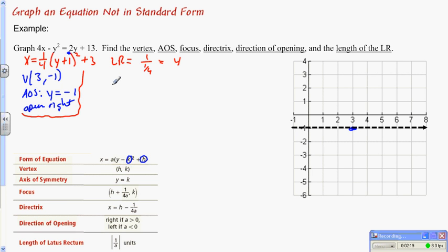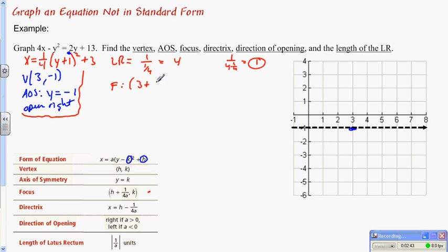Okay, let's find the focus. Focus is H plus, okay, well, H is the 3, plus 1/4a. Well, what is that? 1/4a. A is 1/4. They're being multiplied, so they're reciprocals. You get 1.